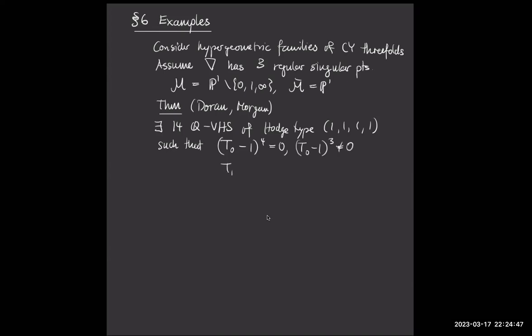The monodromy around 1 is of conifold type, a local monodromy of the connection around the conifold point.